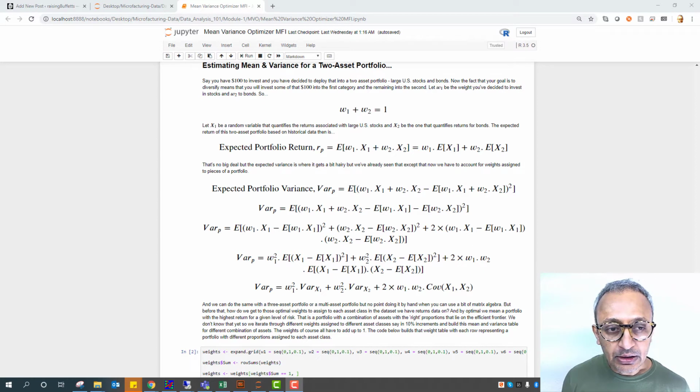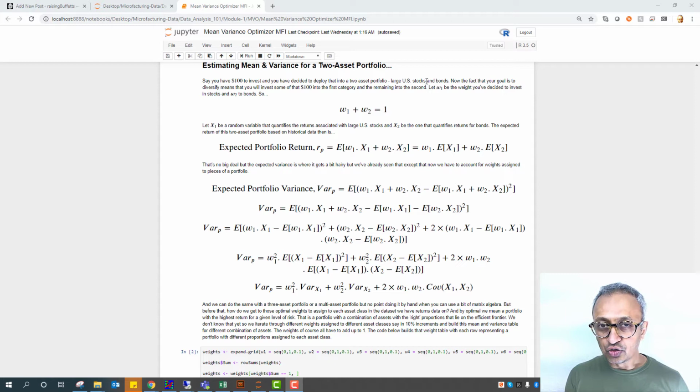Say you have $100 to invest, and we're going to build a two asset portfolio first. You've decided to deploy it into two assets: one is large US stocks and the other is bonds. Since your goal is to diversify, you will invest some of that $100 into one category and the remaining into the other.